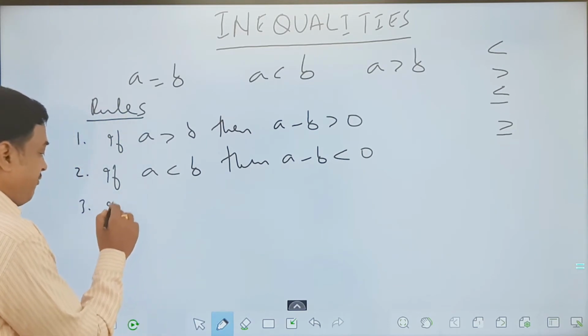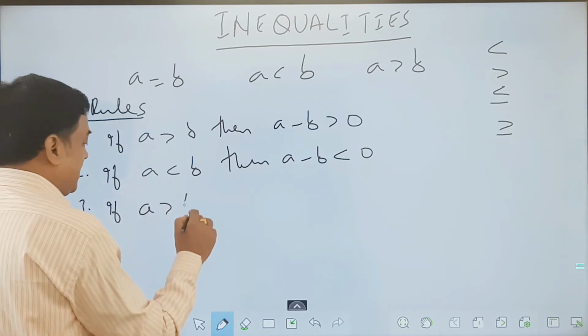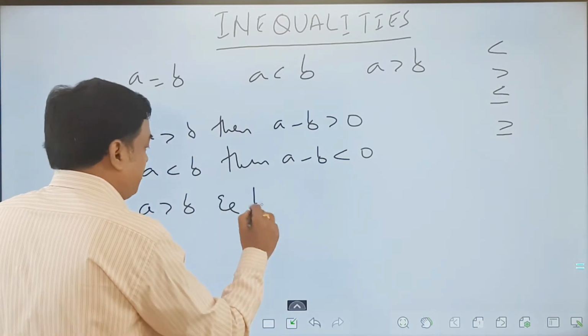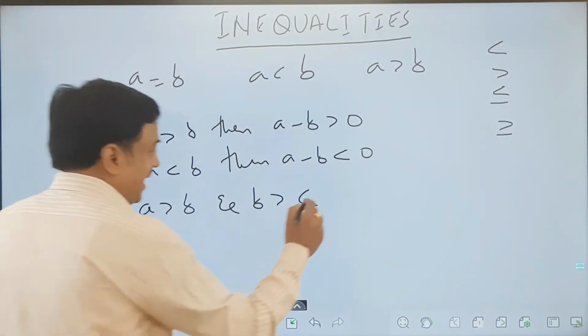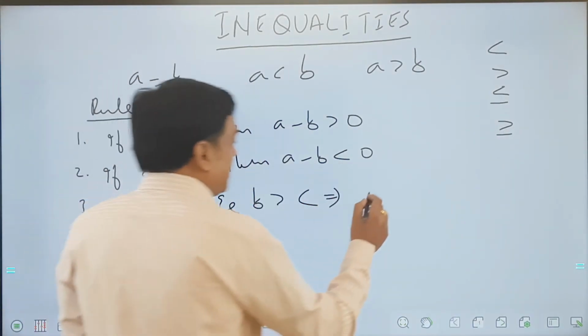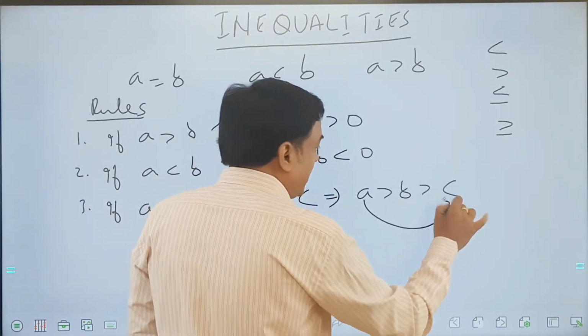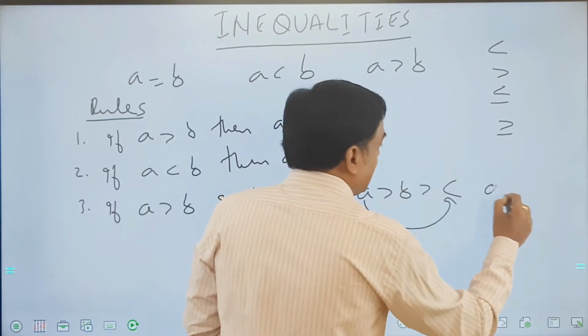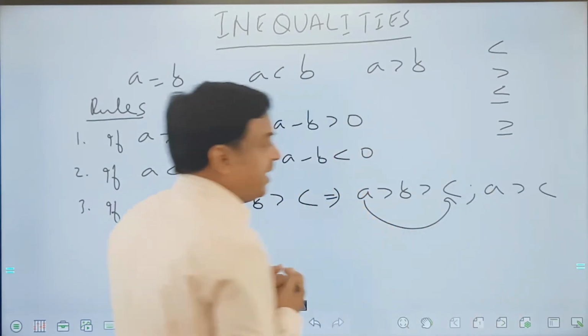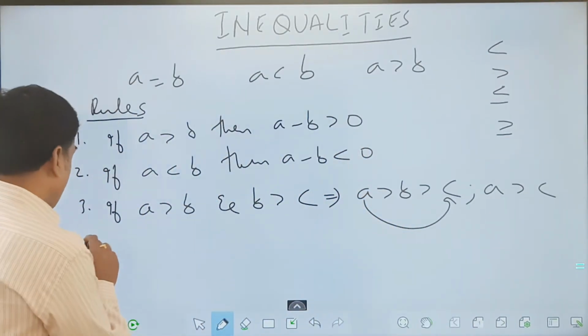Now point number 3. If I say A is greater than B and B is greater than C, then ultimately if I compare A and C, I'll get A is greater than C as the final conclusion. Now point number 4.